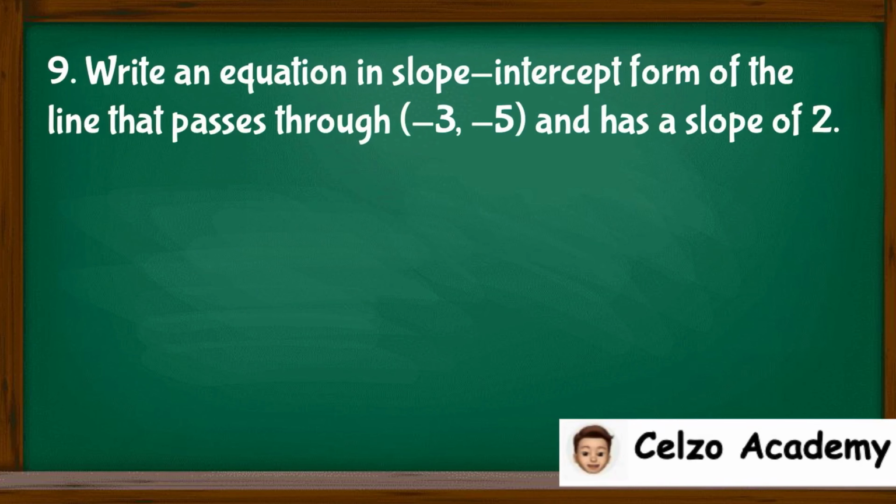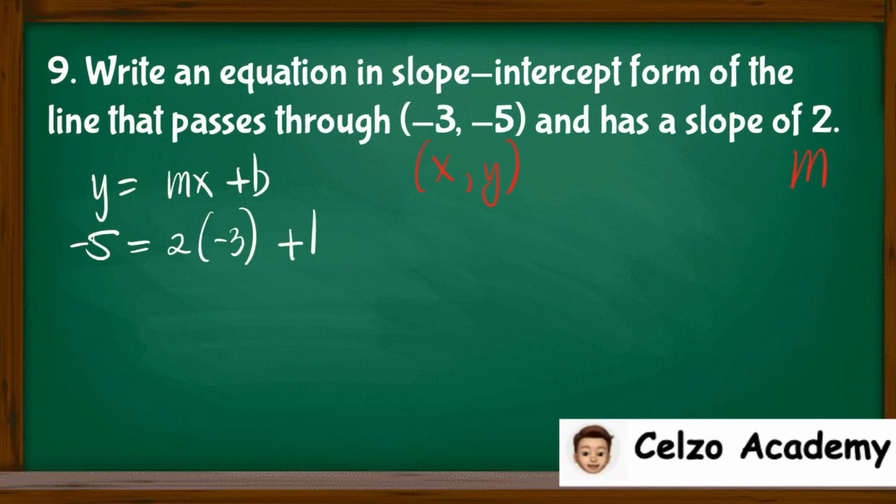Question number 9. Negative 3, negative 5 is our xy coordinate. Slope here is 2. Using y equals mx plus b, y value is negative 5, m is 2, x is negative 3, and we will solve for the b value. So now we have negative 5 is equal to negative 6 plus b.